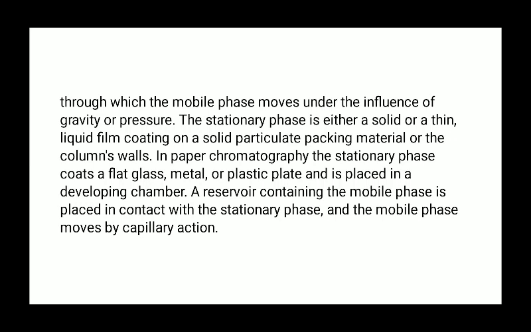In planar chromatography, the stationary phase coats a flat glass, metal or plastic plate and is placed in a developing chamber. A reservoir containing the mobile phase is placed in contact with the stationary phase, and the mobile phase moves by capillary action.